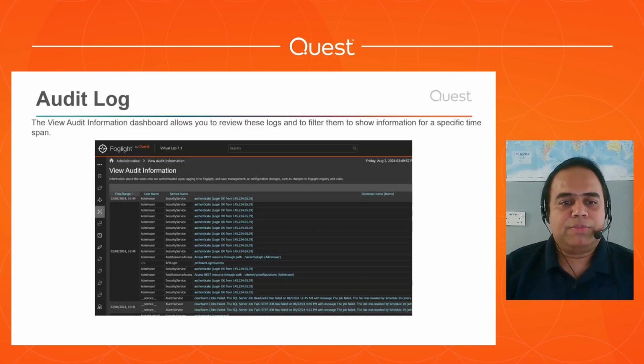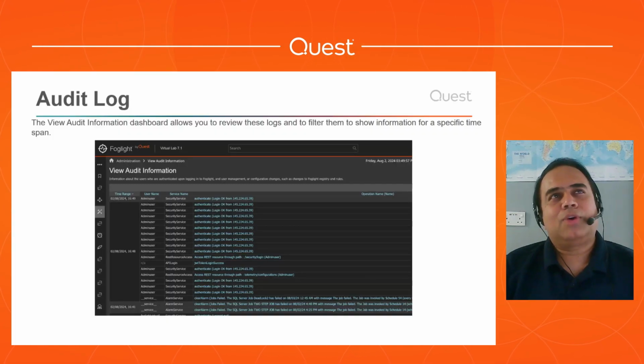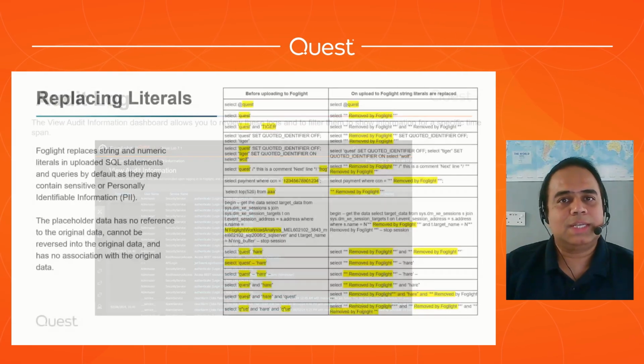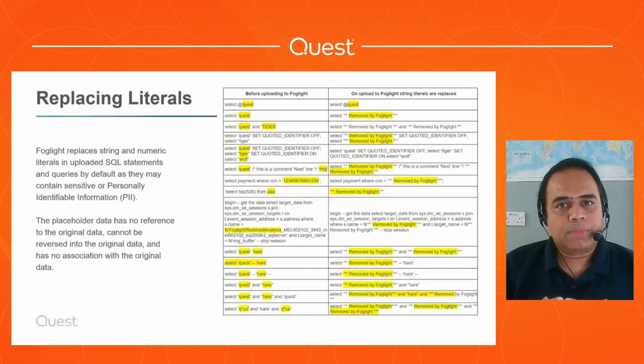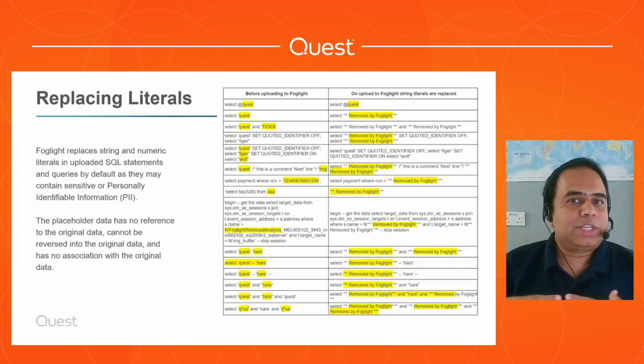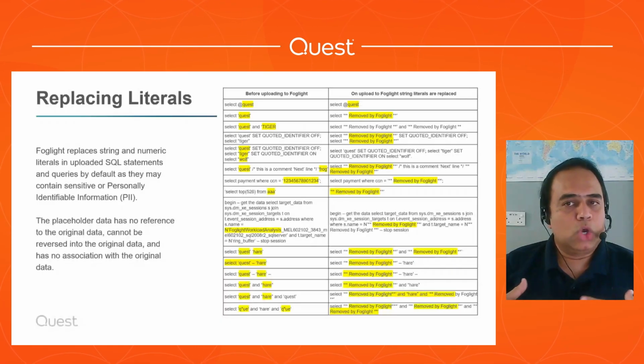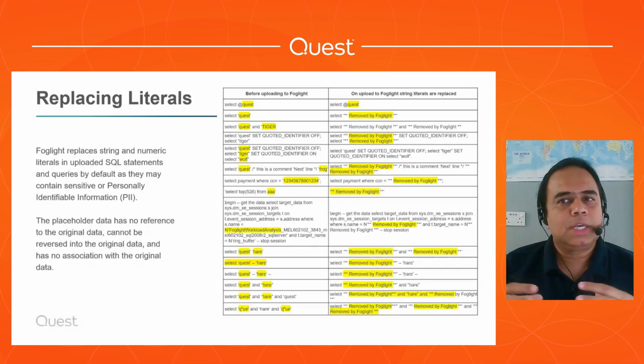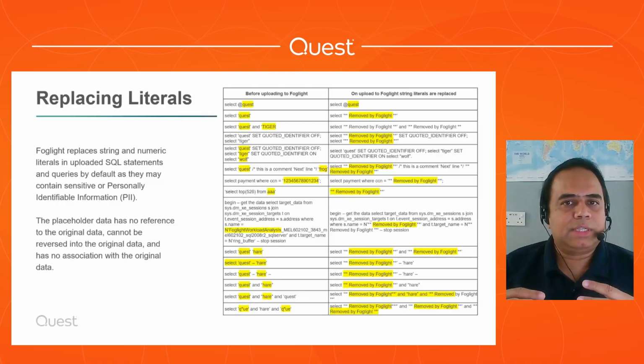Another interesting feature that was released in Foglight 7.1 onwards is replacing literals. The replace literal feature currently works globally, which scrubs strings and numbers in the uploaded SQL statements data, primarily to look at sensitive or PII data.